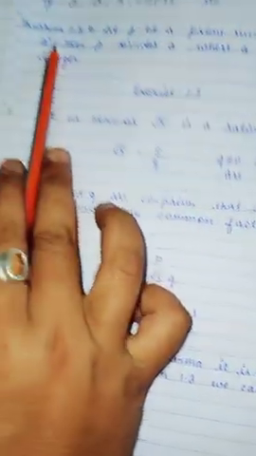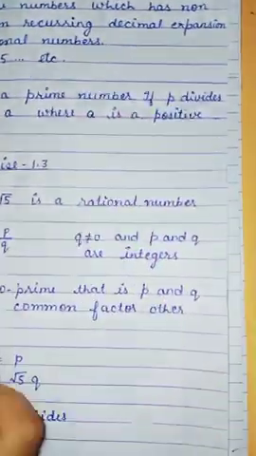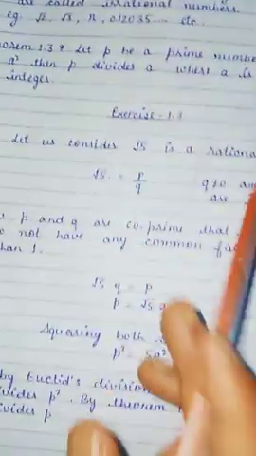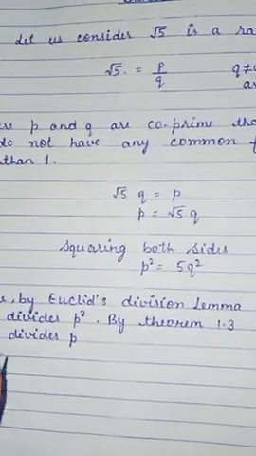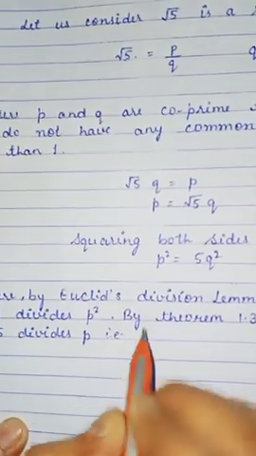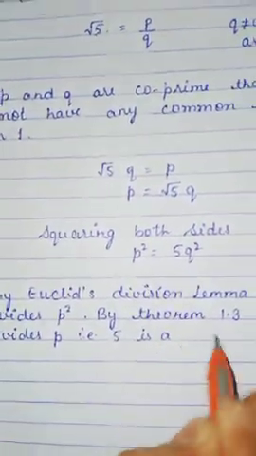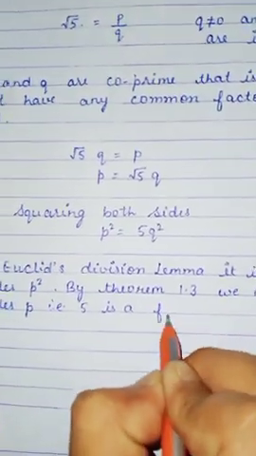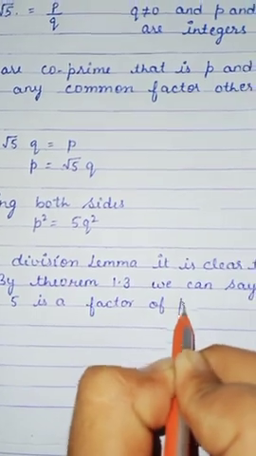So what does our theorem 1.3 say? It says if p is a prime number and p divides a square, then p divides a. So here if 5 divides p square, then 5 divides p. So 5 is a factor of p.